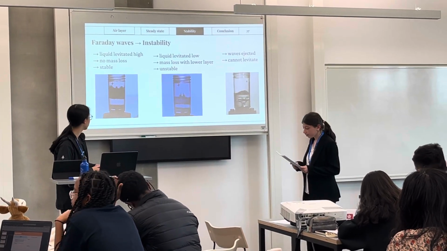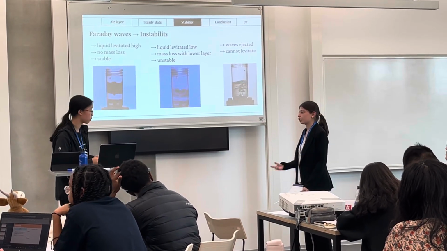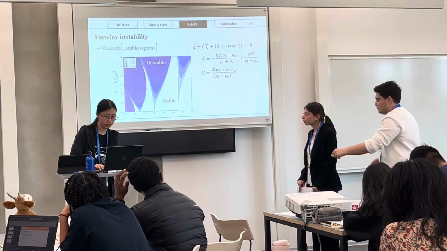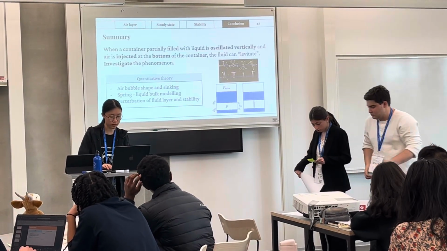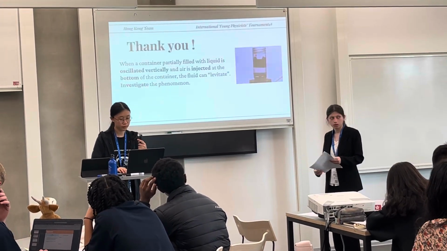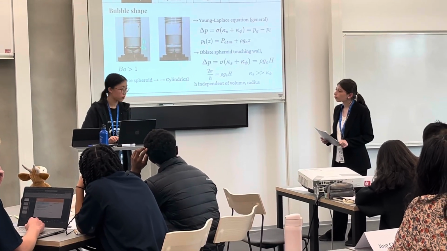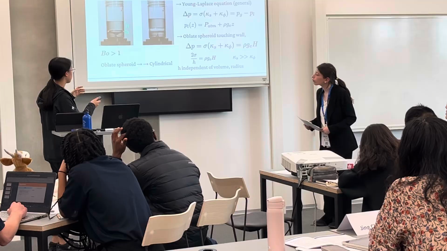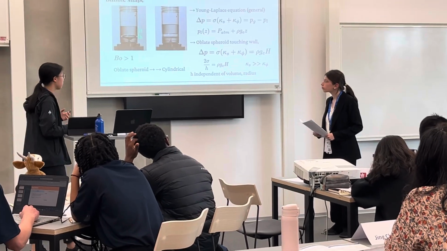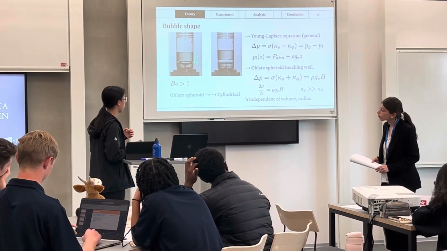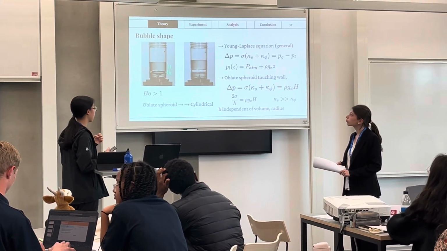What do you believe is the effect of surface tension on the bubble initiation? So the surface tension would cause the shape of the bubble to vary. In this case, we could use the Young-Laplace equation to approximate the shape of the air bubble.